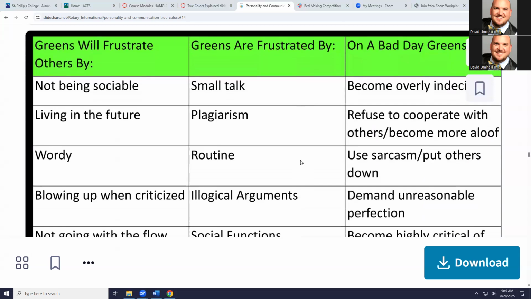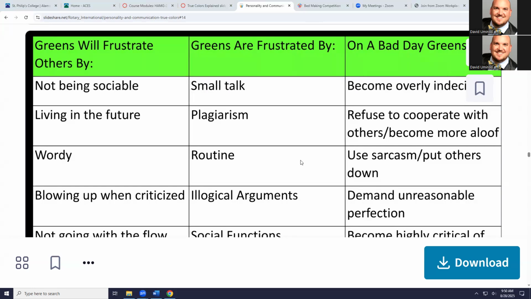Let's look at greens. Greens sometimes frustrate people by not being sociable. Okay, more of like an introvert type scenario if you're thinking about Myers-Briggs. I love networking, so I can imagine why anybody else wouldn't like networking. But there are people that would prefer, are much more comfortable just staying to themselves.